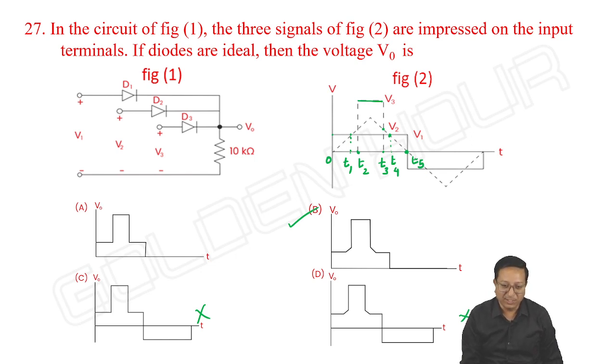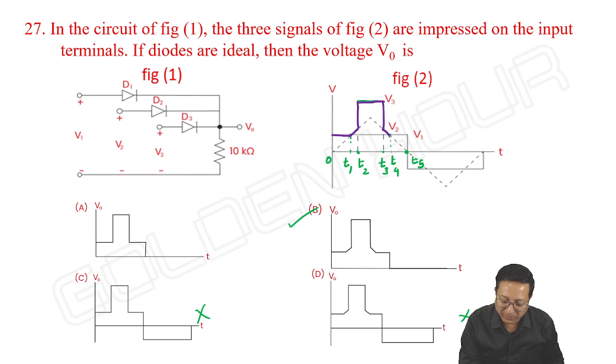So here I am showing the overall output waveform like this. From 0 to t1, V output is equal to V1. From t1 to t2, V output is equal to V2. From t2 to t3, V output is equal to V3. Again from t3 to t4, V output is equal to V2.